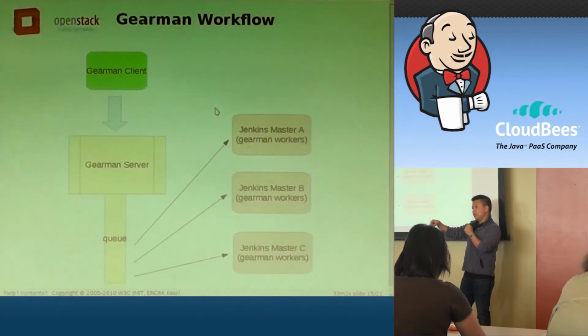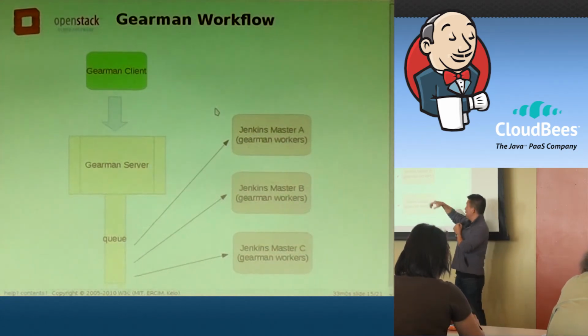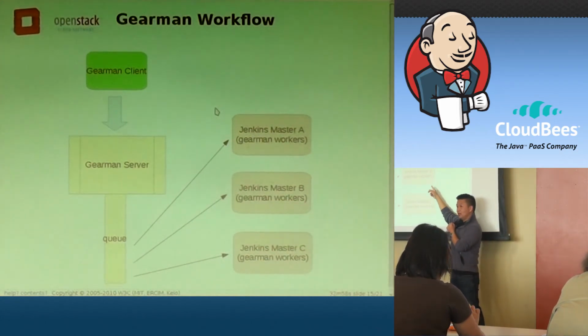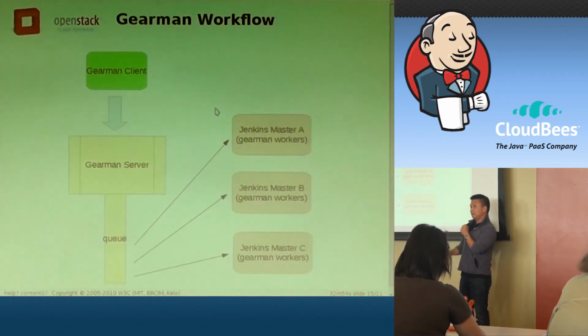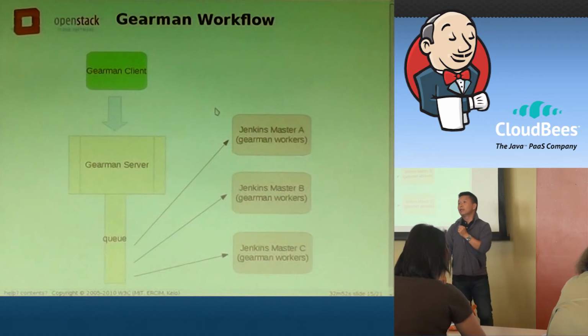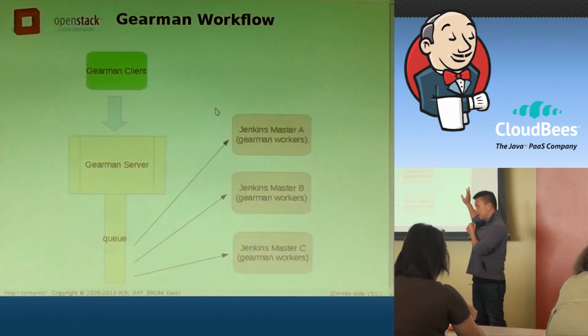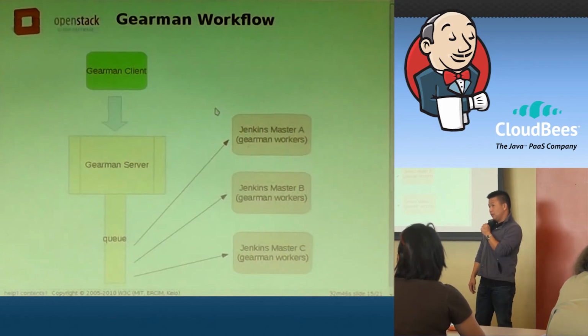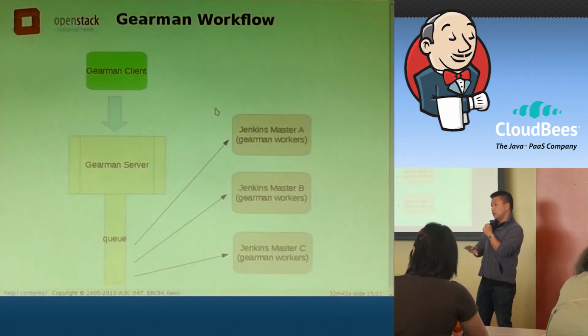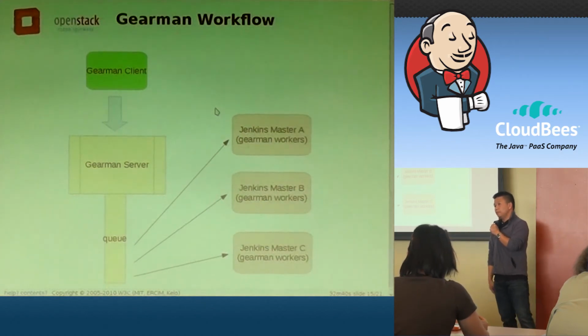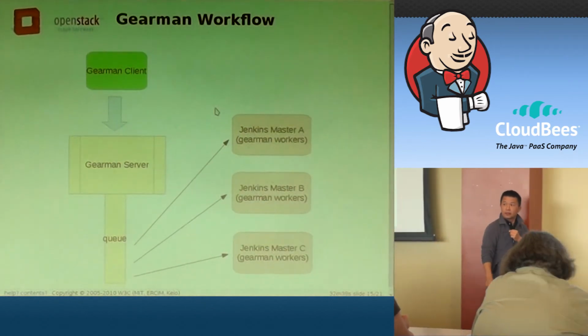If the dependent job matches a job the Gearman worker knows how to do, it will do that job. If there's no label, it will pick randomly and just run on any master. That mirrors how Jenkins works through the label system. I'll cover that in a little bit.